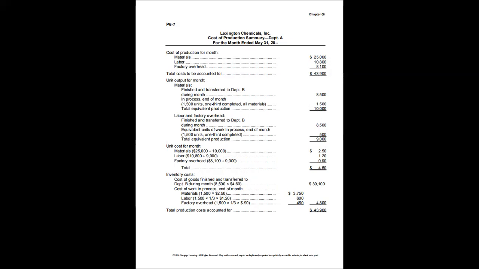Prepare cost of production summary, assuming that losses are considered as normal. So for problem 6.6, our heading, Monterey Products Company cost of production summary. So we have the cost of production for the month given our materials, labor, and factory overhead.